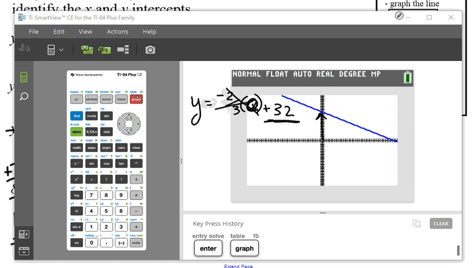So that gives me an idea as to where to start my window values. But anyways, I've got it. I don't want tons of information here. I can bring my y min over. I can bring my x min over. I could bring my y max down a bit, but I might even want to go over a bit more for my x max.